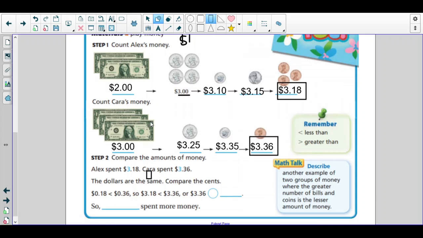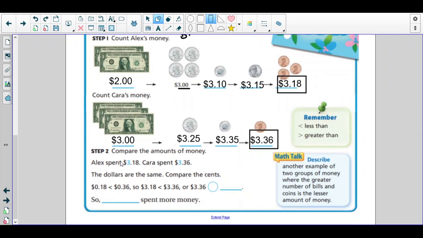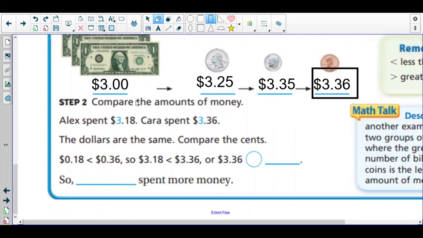So we're going to compare the amounts, starting again with the dollars. Let's look here. Alex spent $3.18. Kara spent $3.36. The dollar amounts are the same. And let's zoom in here so we can make sure that we're seeing this. All right, the dollar amounts are the same, 3 and 3. So we have to go then to looking at the amount of cents. All right, 18 cents is less than 36 cents.